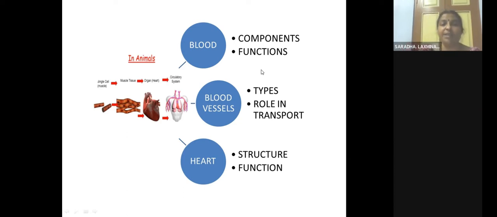Do all organisms have a heart? Take this as an assertion: all living organisms have a heart. Reason: all living organisms need a transport system to transport all substances to all parts of their body.